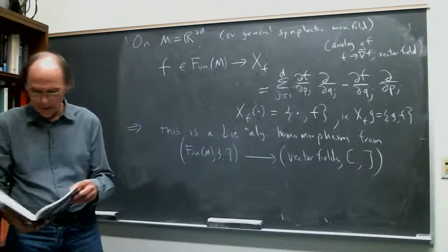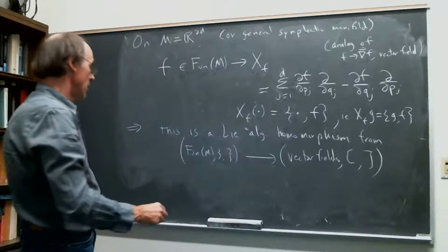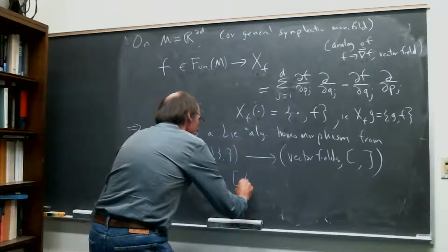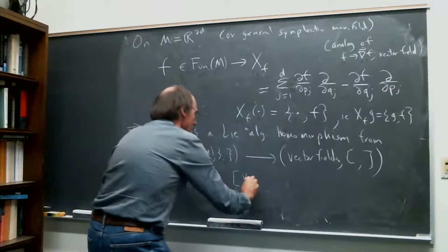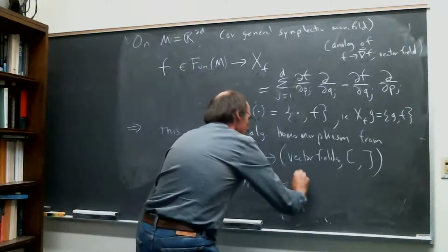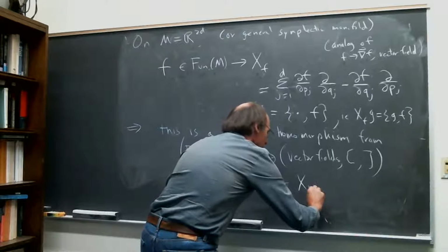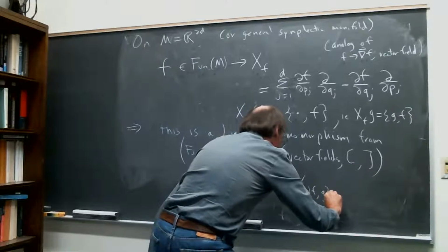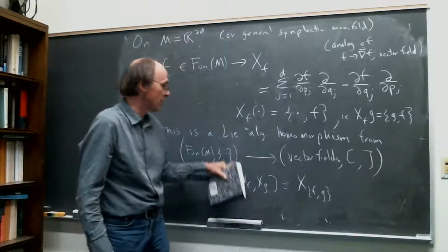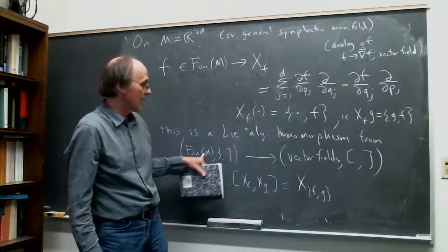To say that the brackets are preserved is this condition, that if you take the bracket of X_f and X_g, you'll get the vector field you would get from this guy. So this is the homomorphism property from this Lie algebra to this Lie algebra.